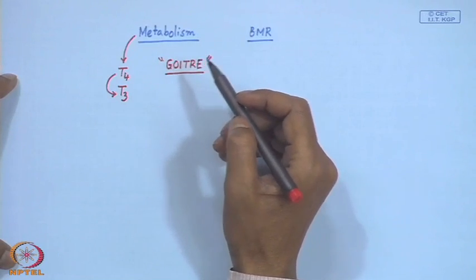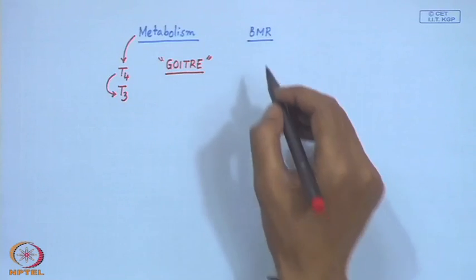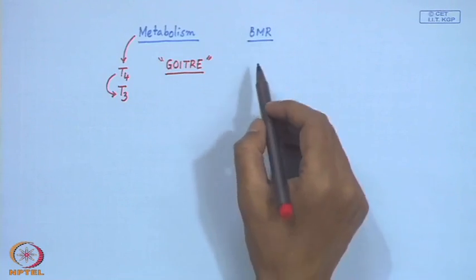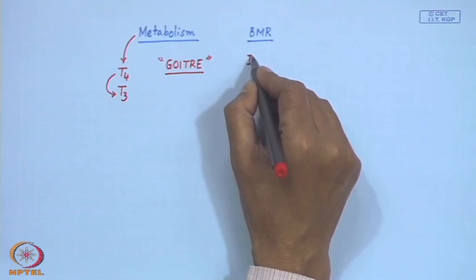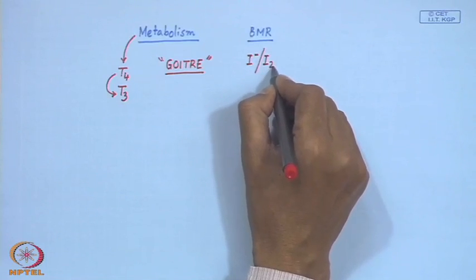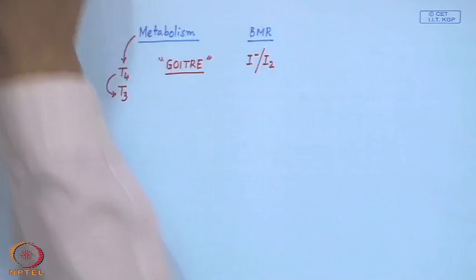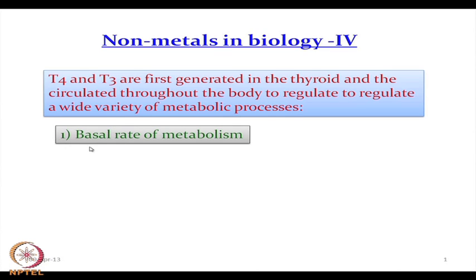If we have defective metabolic pathways or a different BMR, then we can control the corresponding role of iodine as well as the iodide ion in all these biochemical processes. So, these are very important for finding the basal rate of metabolism.